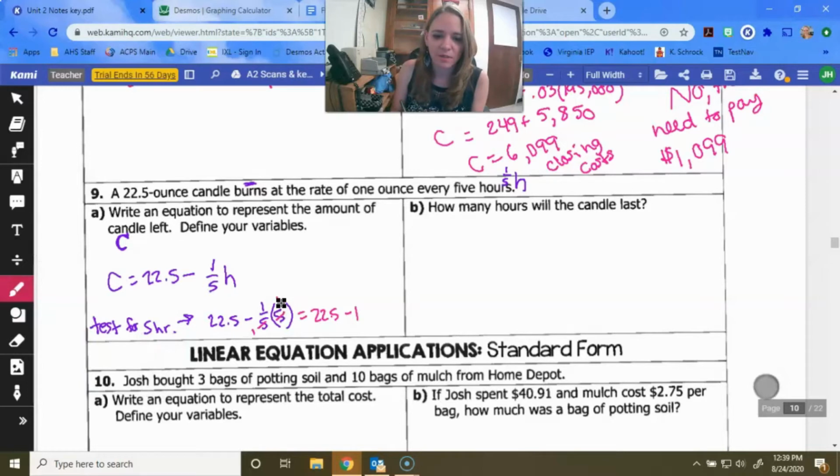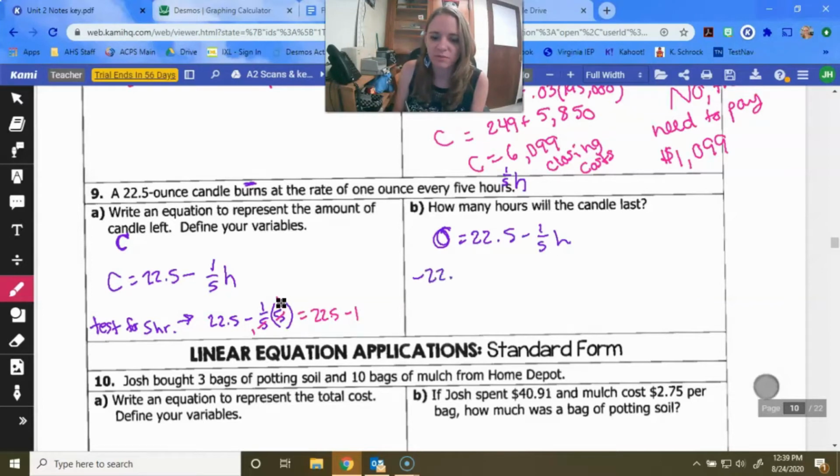Okay, now I'm going to use this. How many hours will the candle last? So we want, of course, this, but we want 0 candle left, right? So if we plug in 0, well, 0 equals 22.5 minus 1/5 H. So we want to get H by itself.